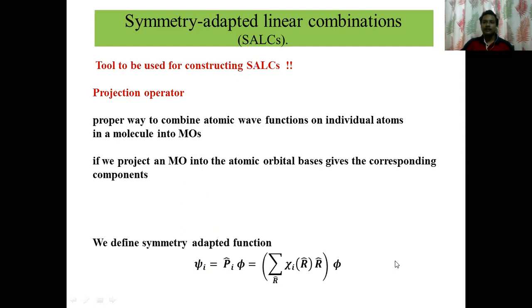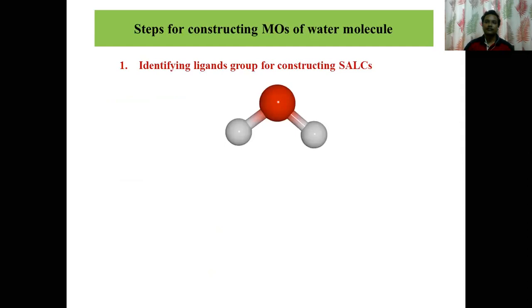So let's go for the systems we are sticking to in this class. First we will go for the water molecule, because we have C2v and C3v. So first I'll be going for the water molecule, which is C2v, and then I'll go for C3v.